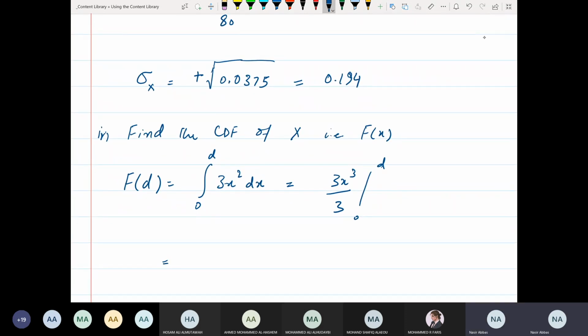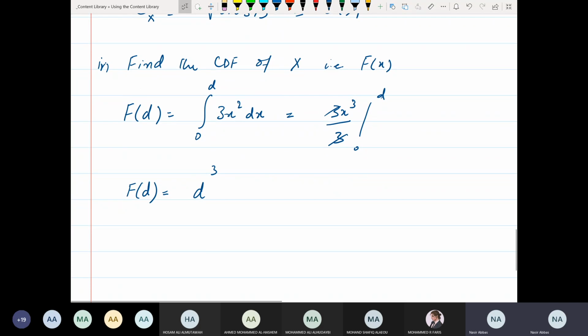So 3 cancels out with 3. This is going to be d cubed. This is your CDF, capital F of x. You can write it in terms of x also. That means you can write capital F of x equals x cubed. You can write it in terms of d, you can write it in terms of x, it doesn't matter.